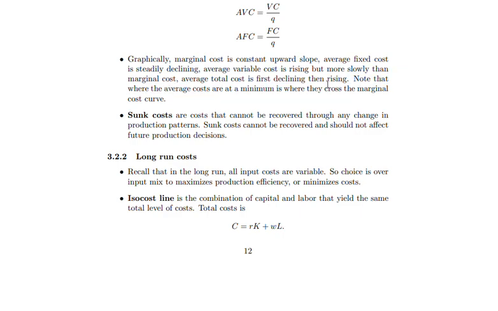Note that where the average cost is at a minimum is where it crosses the marginal cost. So at that point it's the most efficient quantity you should produce, because your average cost is very low, and the next labor inputs just increase your average total cost.